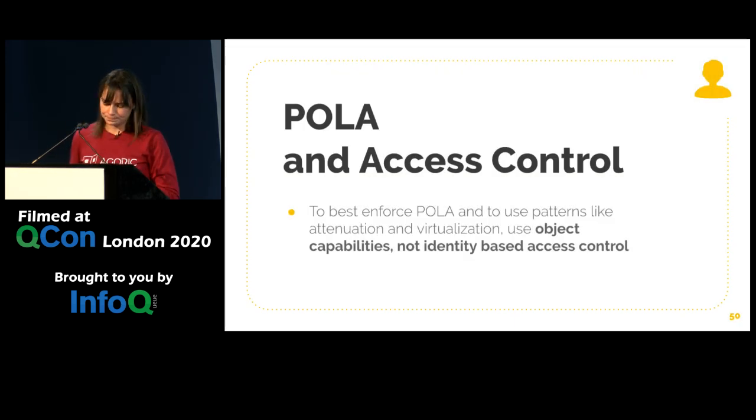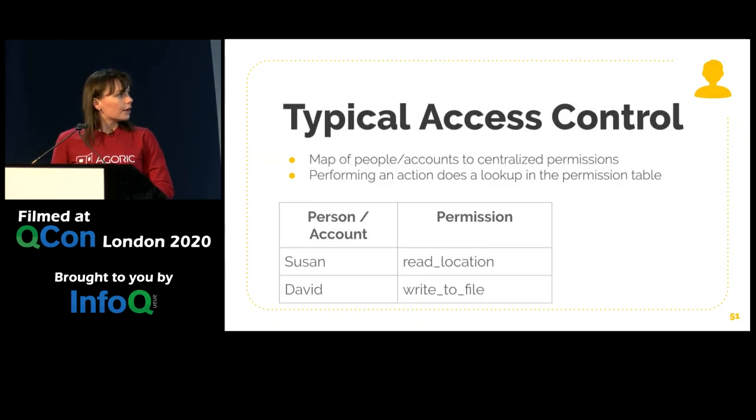So when it comes to enforcing POLA and access control, it turns out that the best way to enforce POLA is to use something called object capabilities and to not use identity-based access control or access control lists. This is very simplified, but typically in access control, you're mapping people or accounts to some sort of centralized permissions.